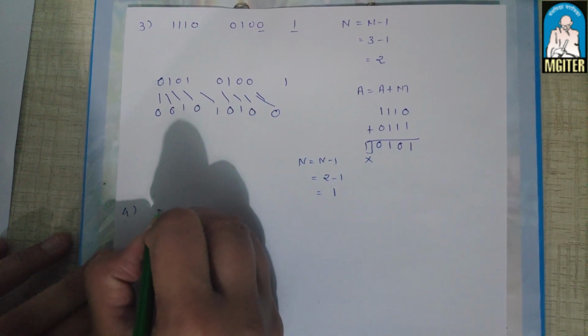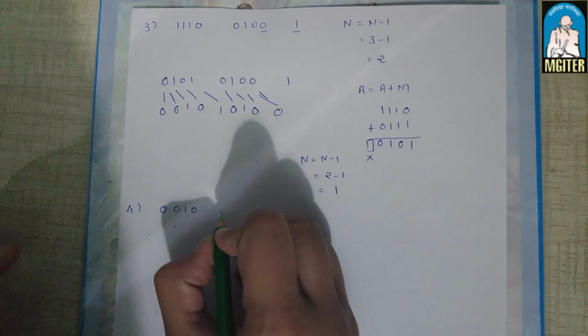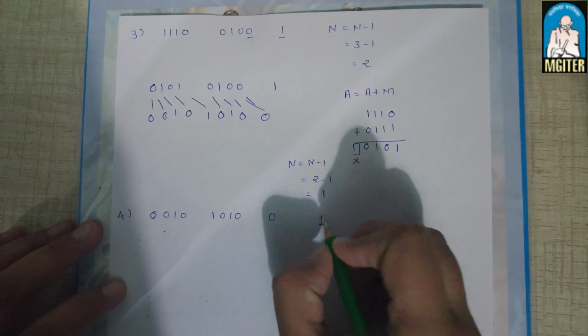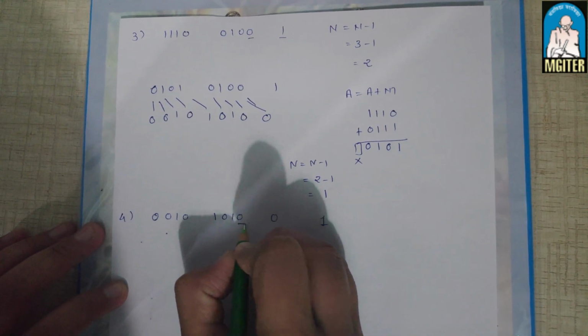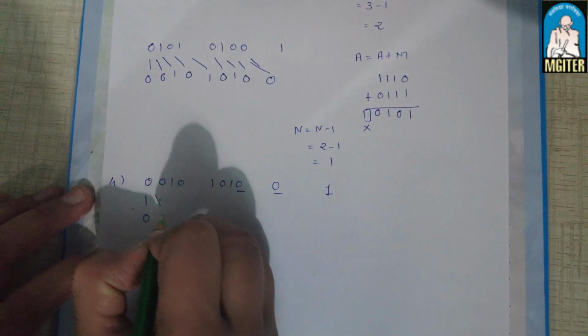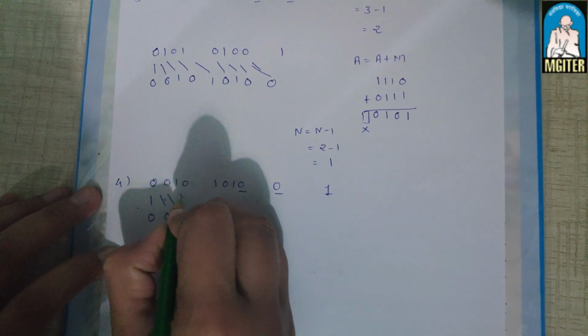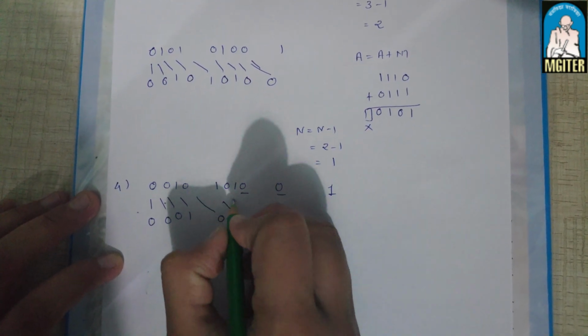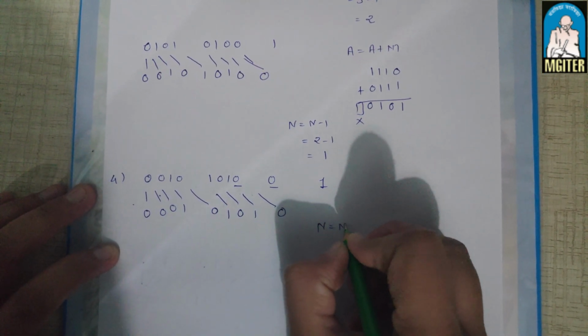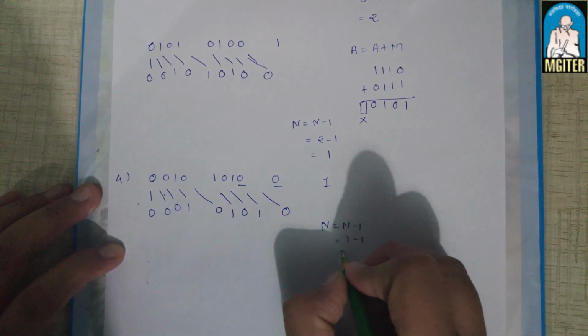Now for the fourth step we get 0 0 1 0 1 0 1 0 0, and n is equal to 1. So we get 0 0. So we have to perform arithmetic right shift directly. 0 0 0 1 0 1 0 1 0, and we perform n is equal to n minus 1, which is 1 minus 1 is equal to 0.